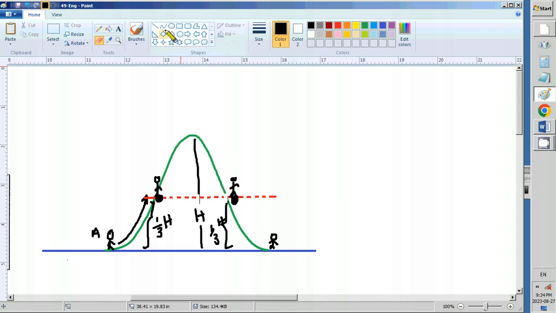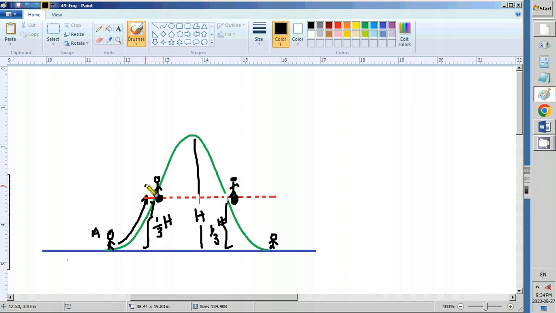So we have to measure the ratio of the distance that they have already come in terms of total height. That means capital H.